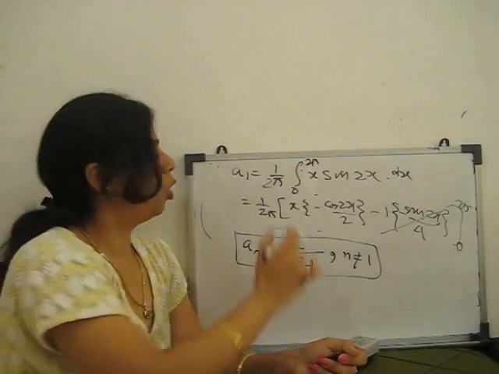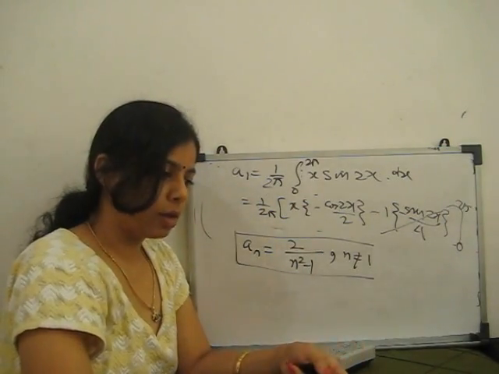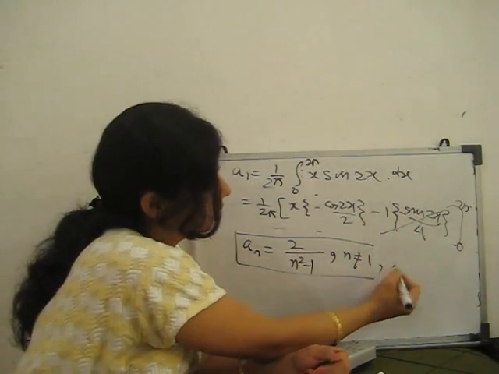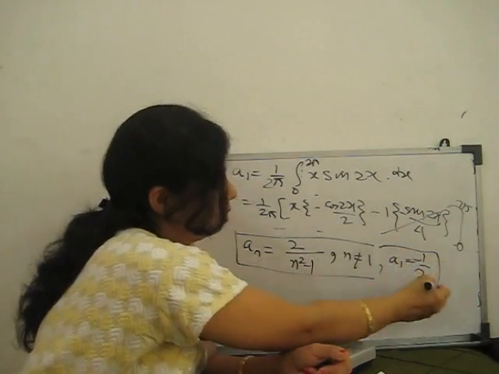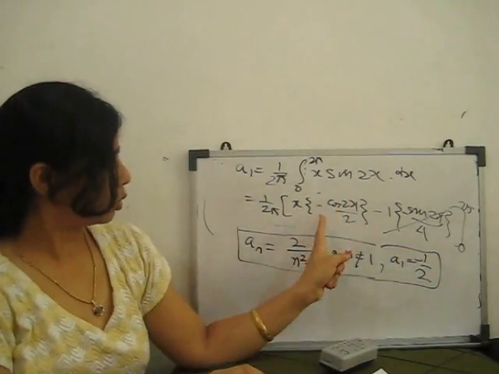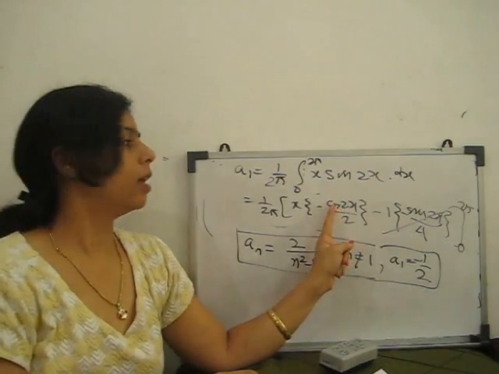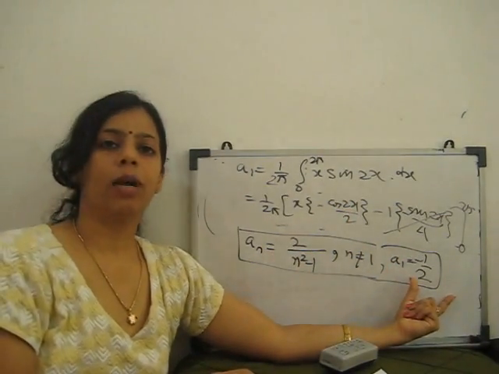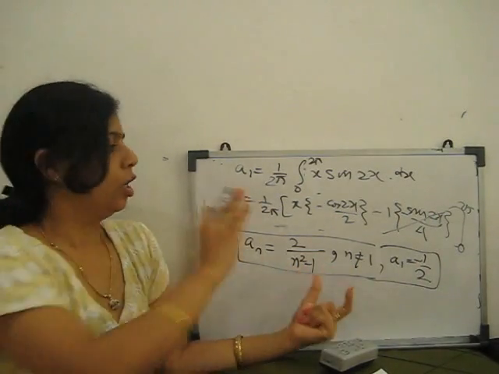This gives 0, this gives the value. So when we substitute here, 2 pi cancels, cos 2 pi is 1, so a1 is minus 1 by 2. So see, a1 is minus 1 by 2; a2, a3, a4 we calculate with this an.